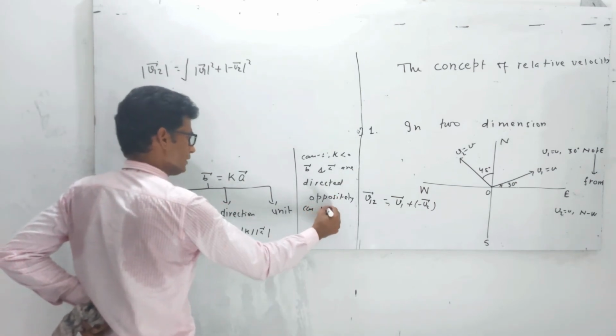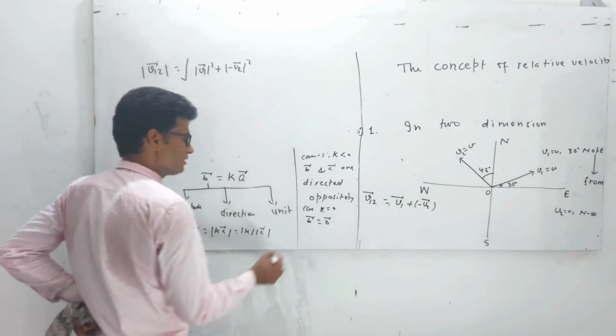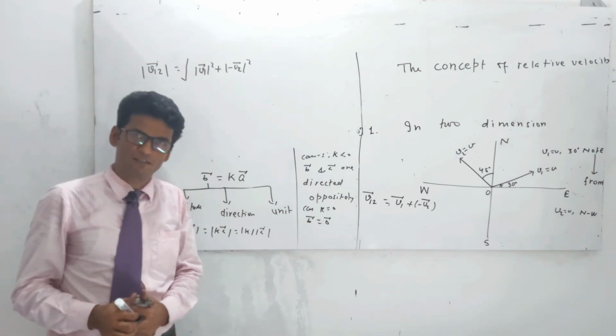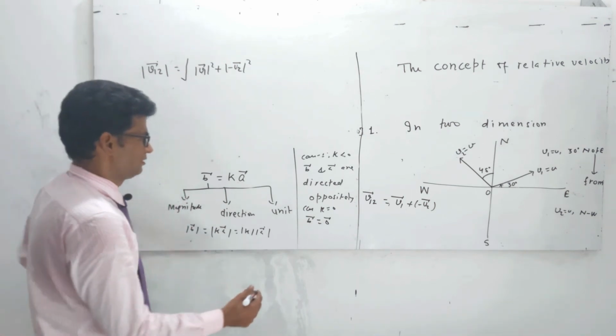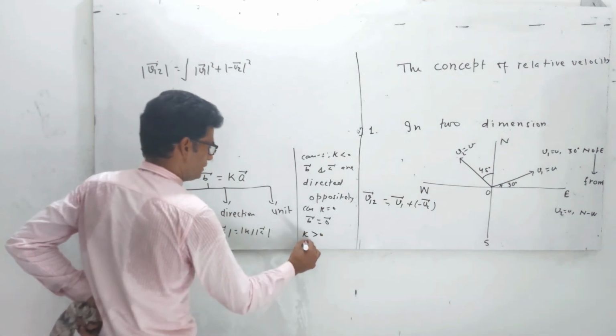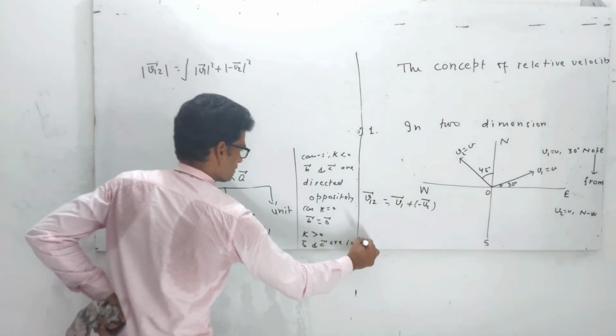Case 2, if k is equal to 0, then vector B becomes a null vector. You may take any direction, because physically a null vector has no significance. If k is greater than 0, then B and A are in the same direction.